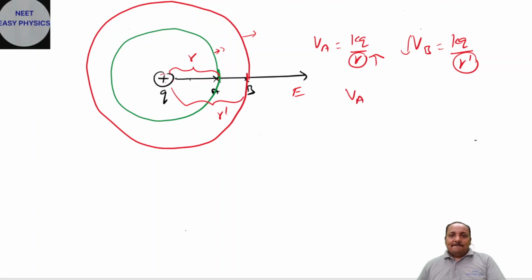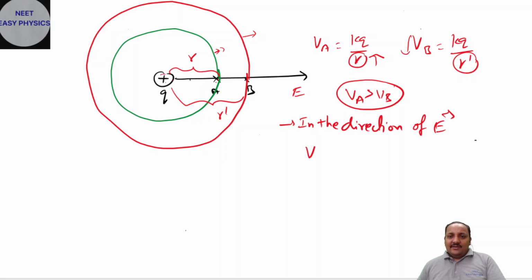Therefore, VA is greater than VB. So you got one point: in the direction of the electric field, the potential decreases.